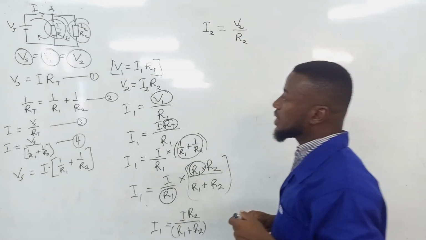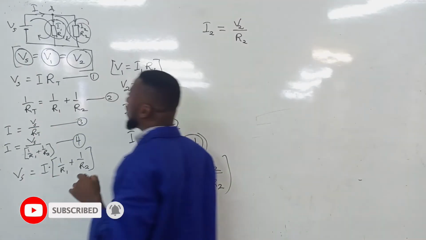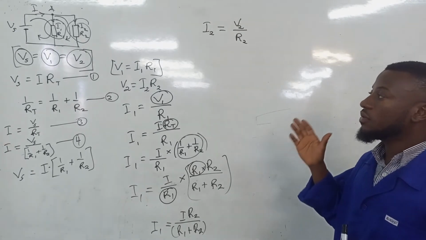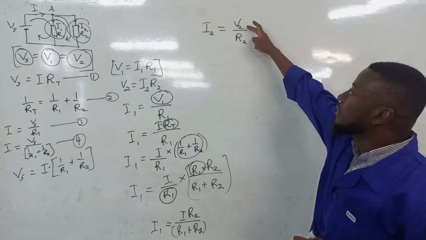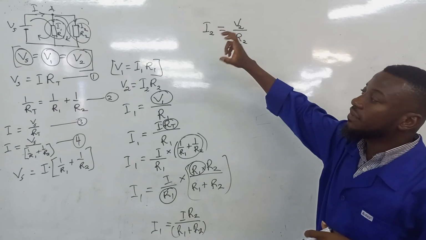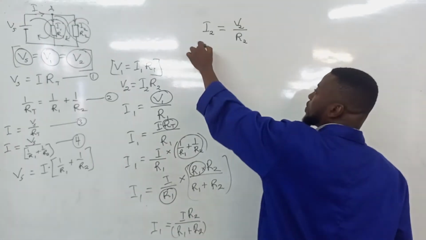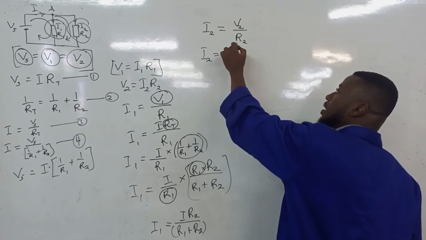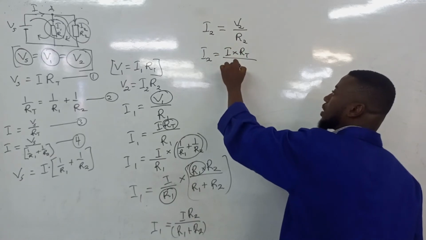Please, let's not forget the fact that this is paramount in this derivation: Vs is the same as V1 and is the same as V2 because it is a parallel circuit. So by seeing V2 here, I can place V1 and Vs as well. So we say I2 is equal to I times RT all on R2.